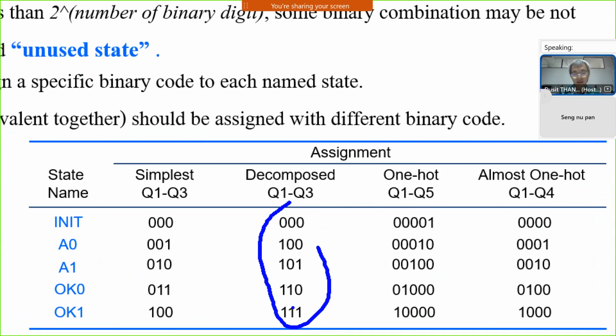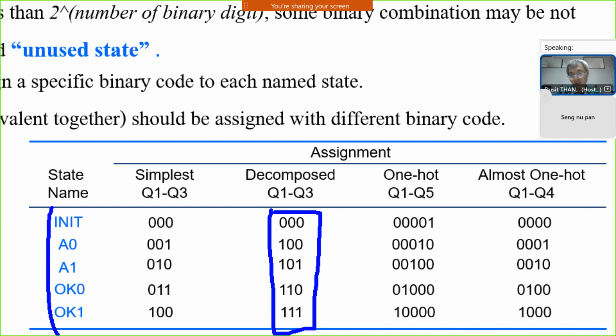Anything is okay. Different binary code is okay, right? For this example, I use this one for these state names. Namely, 000 is the initial state. And 100 and 101 for states A0 and A1 respectively, and 110 and 111 are for OK0 and OK1.